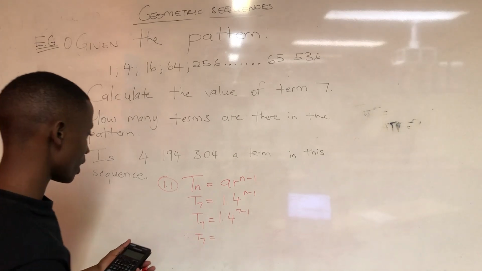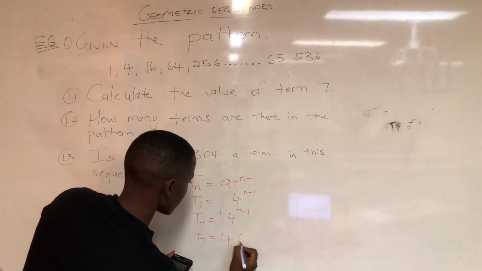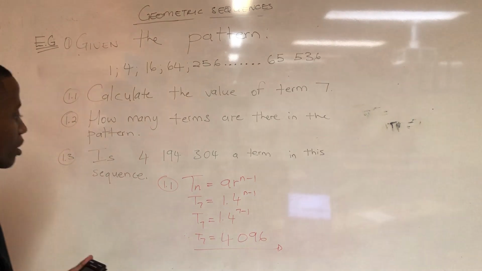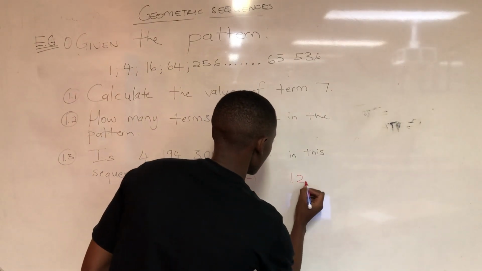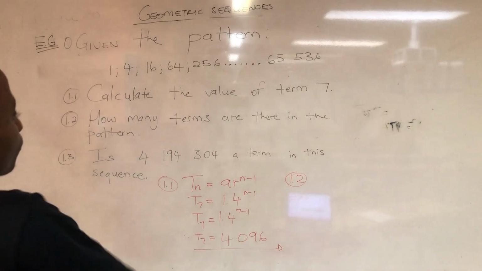So our answer there is 4096. That's our term 7. That's the answer. All right, let's move to 1.2.